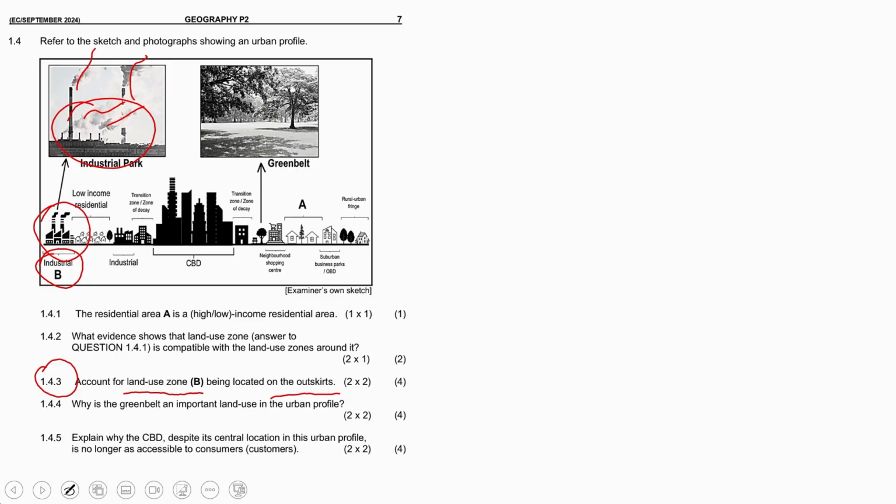On the outskirts, meaning on the rural-urban fringe. So what is your answer there? They need large land, they need flat land, they need cheap land. You only need two of those to be able to get 4 marks. That one is sorted out.